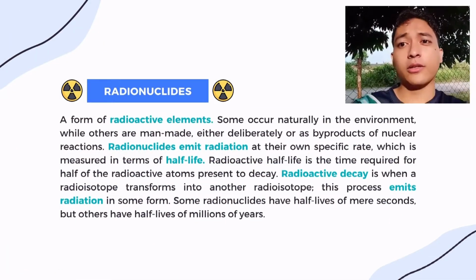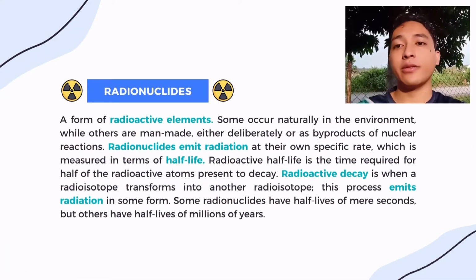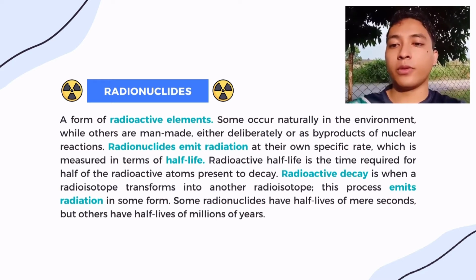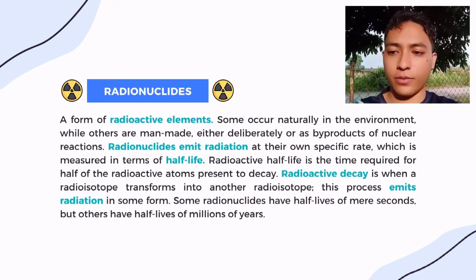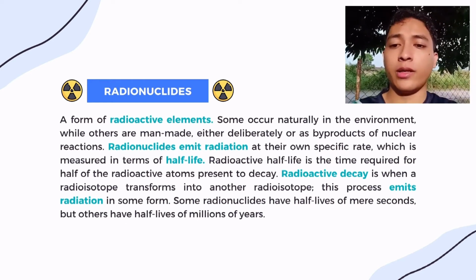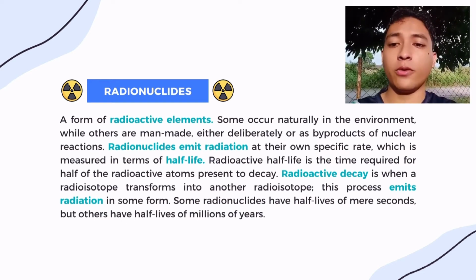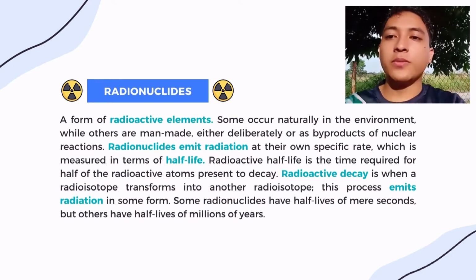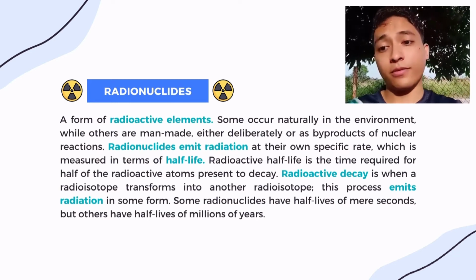Meanwhile, a radionuclide is a form of radioactive element. Some only occur naturally in the environment, while others are man-made, either deliberately or as byproducts of nuclear reactions. Radionuclides emit radiation at their own specific rate, which is measured in terms of half-life.